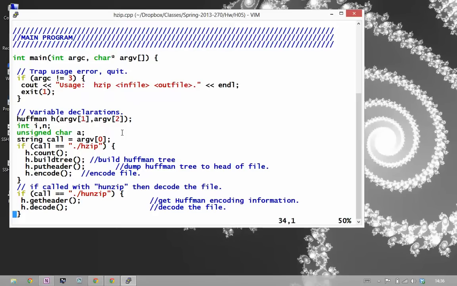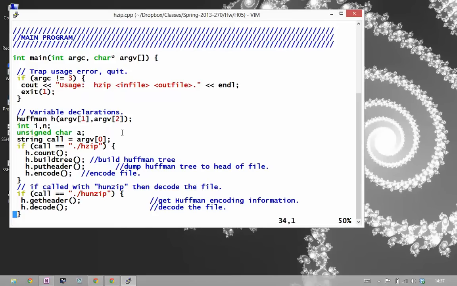The count function, we've briefly talked about the count function. For me, count goes through and does a frequency count of all of the individual bytes and then sorts them in a linked list. The build tree algorithm is essentially successively taking the two smallest subtrees, joining them together under a new node, removing those first two subtrees, and then inserting the new subtree.